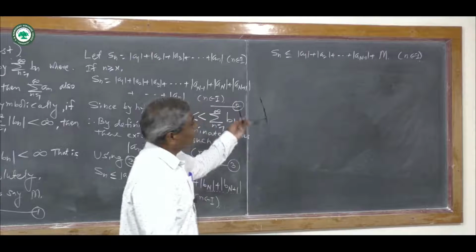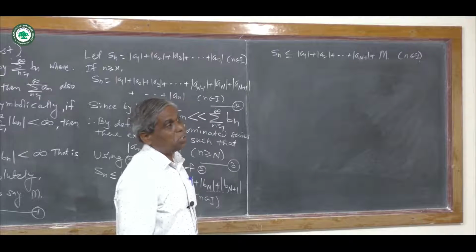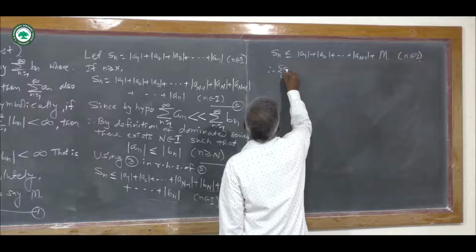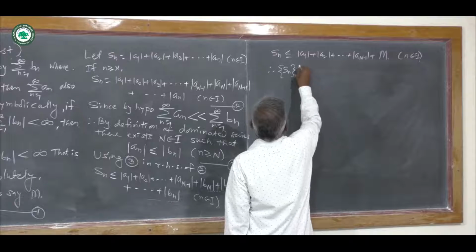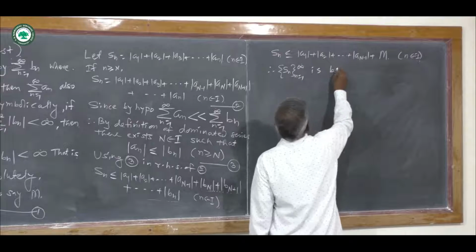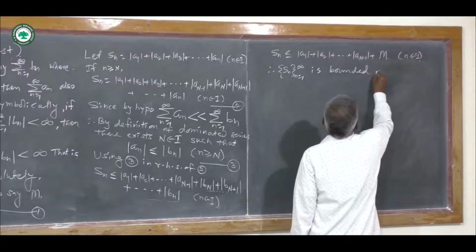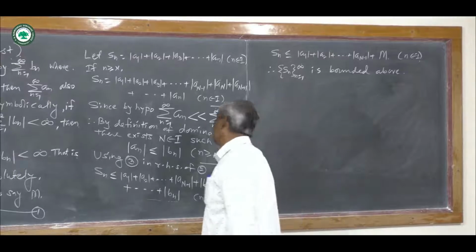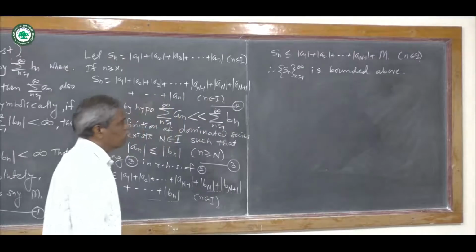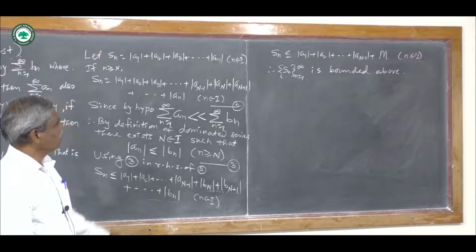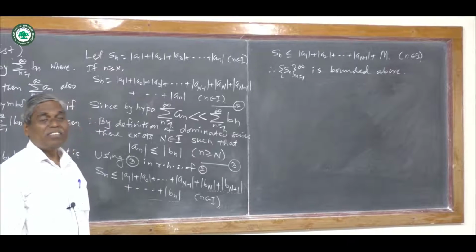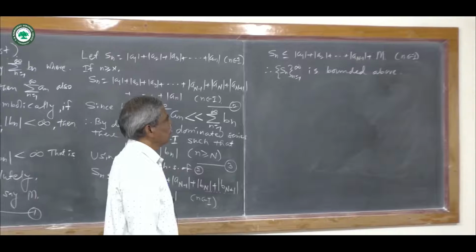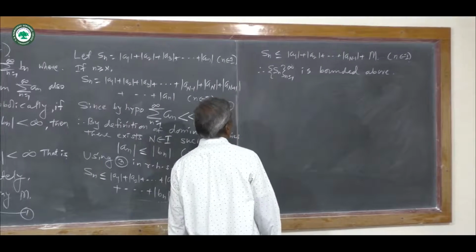Therefore, the sequence Sn, n equal to 1 to infinity, is bounded above. The sequence of partial sums Sn is bounded above. Sn is, by 2, a sequence of non-negative terms.